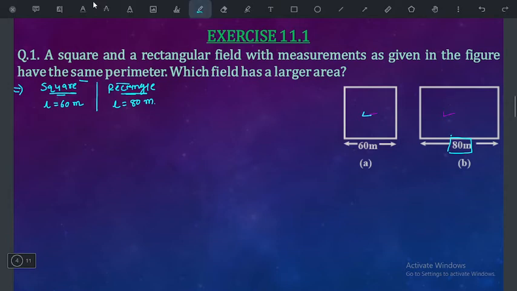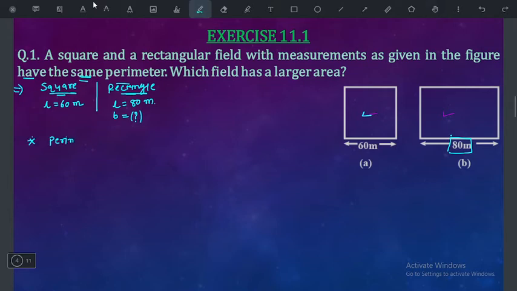Now for area of rectangle we want breadth. How can we find breadth? Now first of all, in the question they say the perimeter of the square and rectangle are same. So we use this condition.